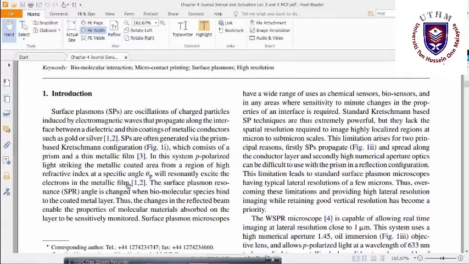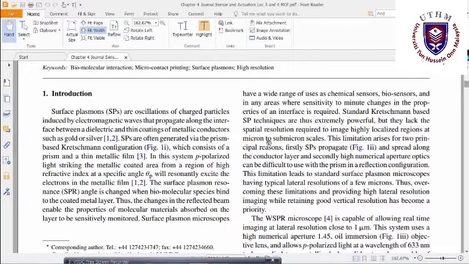In this study, we actually use gold. Then we use P polarized light, striking the metallic coated area from a region at a specific angle theta p. With this angle, you will be able to generate the surface plasmon resonance. That is the simplified name for the collective oscillation of electromagnetic waves which propagate on the surface.